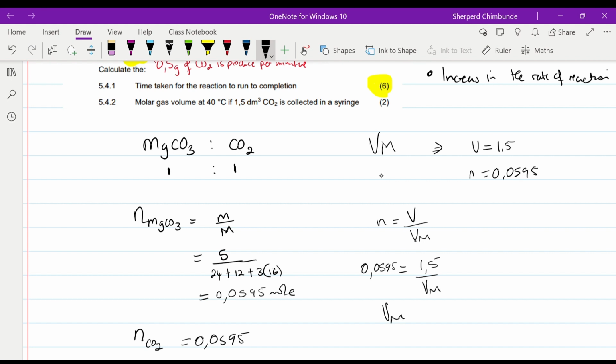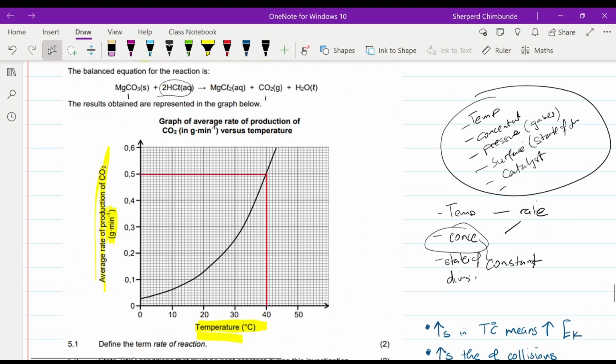Therefore, molar volume at 40 degrees would come out as 1.5 divided by 0.0595, so let's use our calculator. 1.5 divided by 0.0595 gives us 25.21. So the molar volume is 25.21 liters or cubic decimeters. Right, that sums up the whole question.